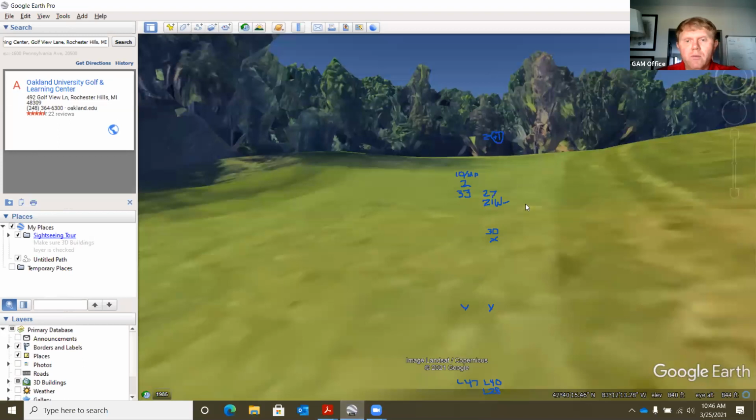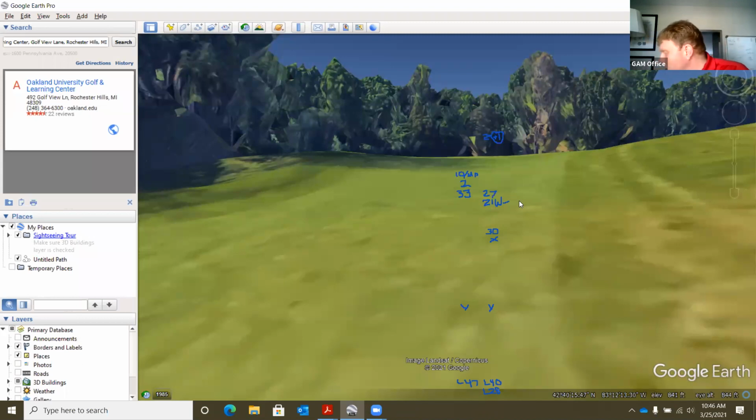So let's just say we're looking at our topography. We're probably not dealing with an uphill scenario. It's a tad bit uphill, but not 10 feet. So we're going to assume that it's level to our approach shot. And then here, we definitely don't have a completely flat lie.